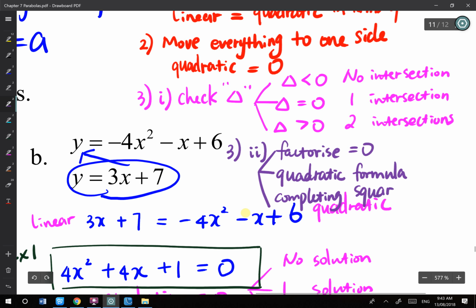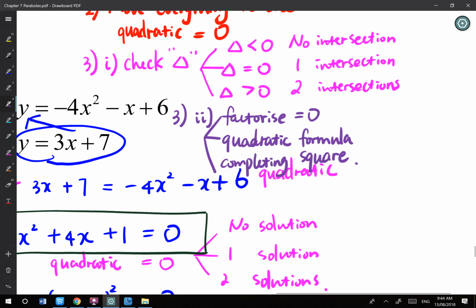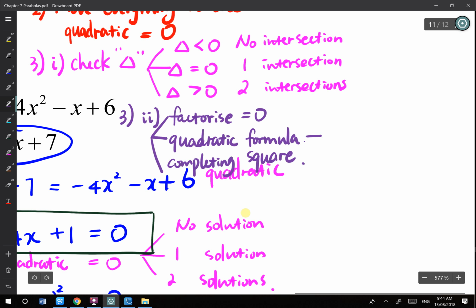They are all the methods you can use to solve a quadratic equation. You can factorize it, that's the easiest way. If you can cross multiply and factorize, I can make every bracket equal to 0 and solve for x. Or I can use the quadratic formula directly, minus b plus or minus the square root of the discriminant over 2a, to work out the x values. Or I can use completing the square. All of these will give me the x values of intersection.